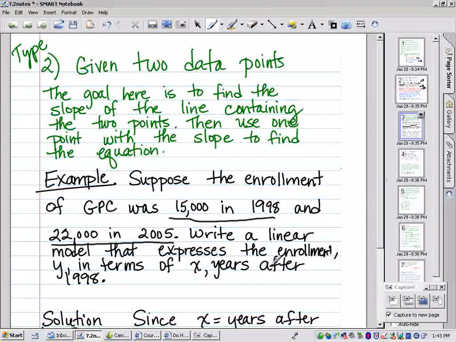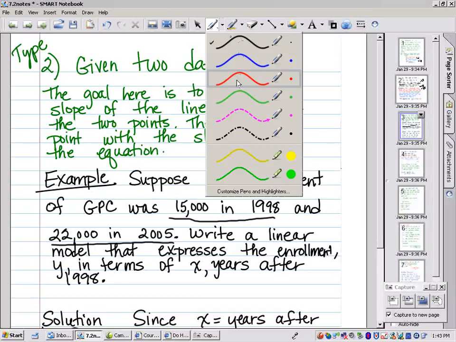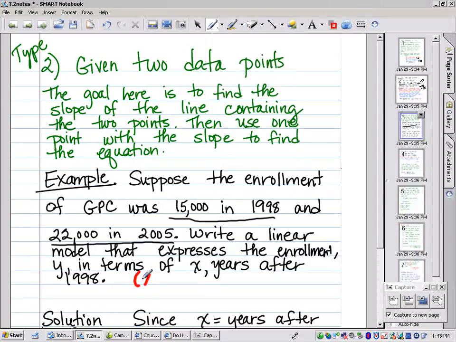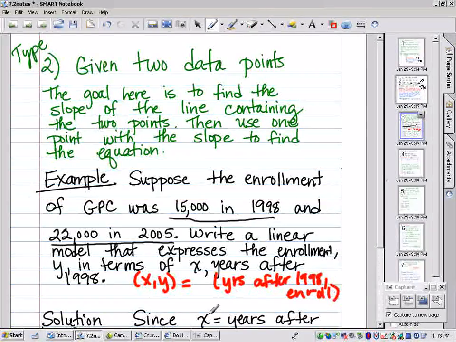Since we're trying to write ordered pairs that correspond to that, we need to write the ordered pairs in terms of (x, y), where x is the years after 1998, and y is the enrollment. So we've got to convert that information into that type of ordered pair.